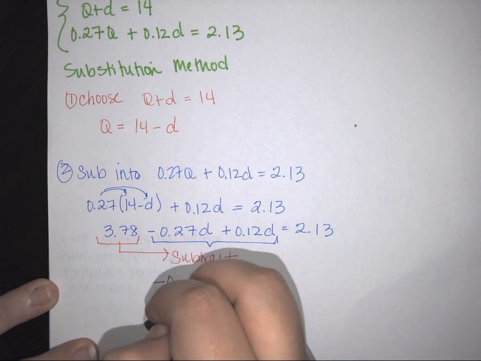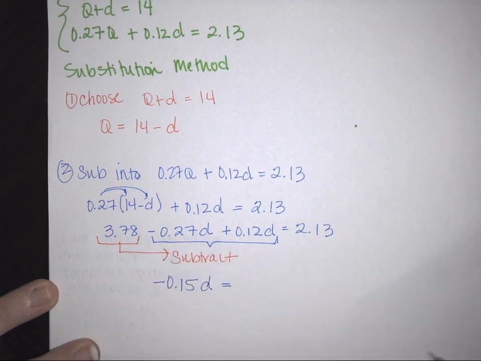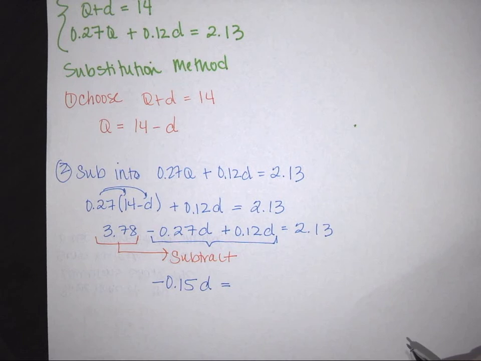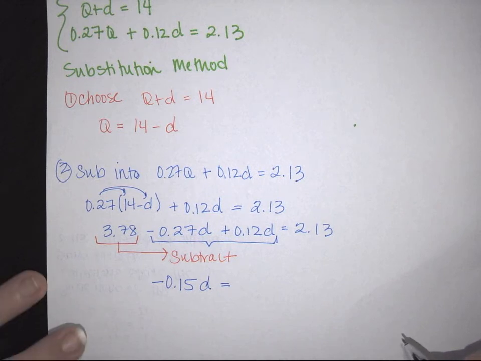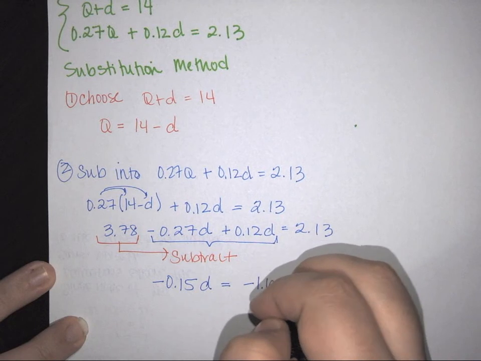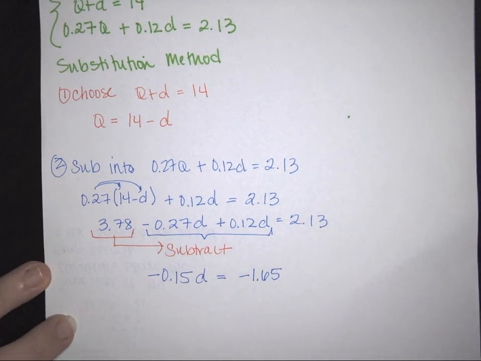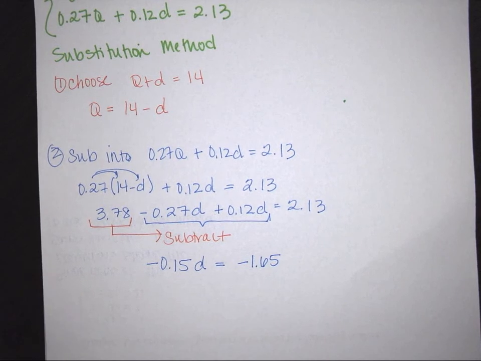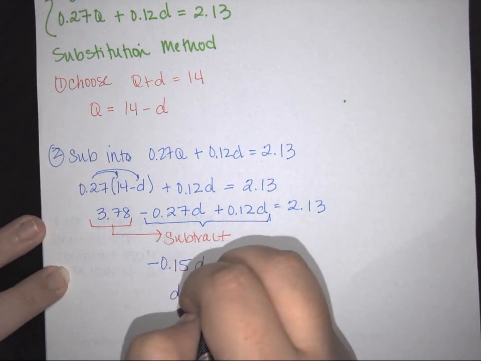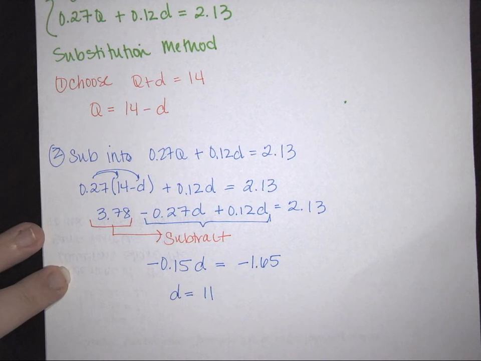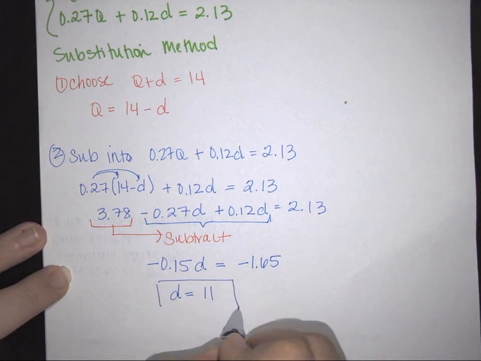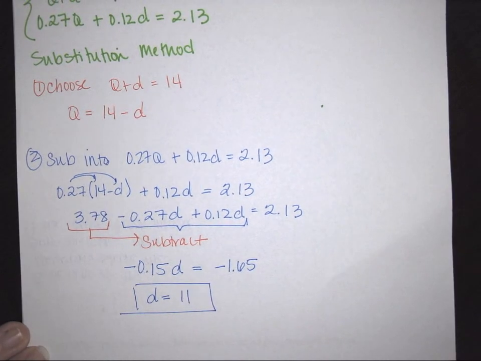It's going to give me 0.15d is equal to my $2.13 minus the 3.78, which is going to give me the minus 1.65. And then I need to go ahead and divide. So the negative 1.65 divided by 0.15, don't forget your negative, means that your d is going to equal 11. Okay, so this is your first solution.